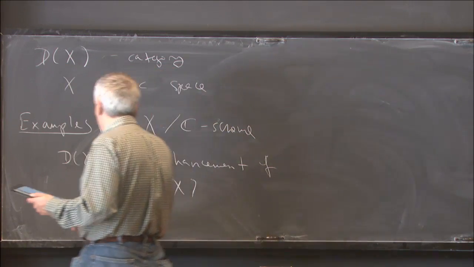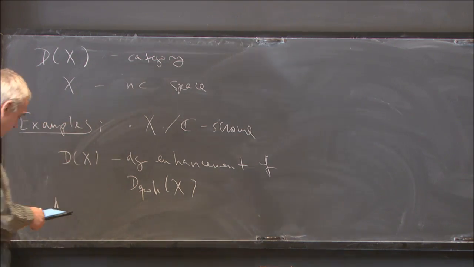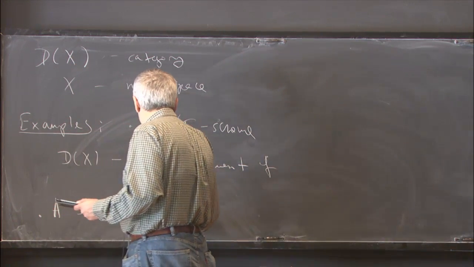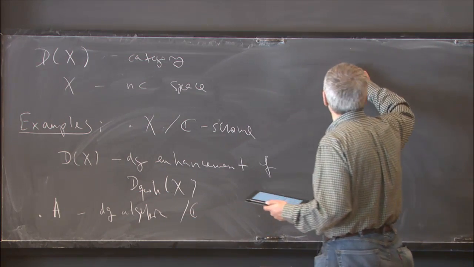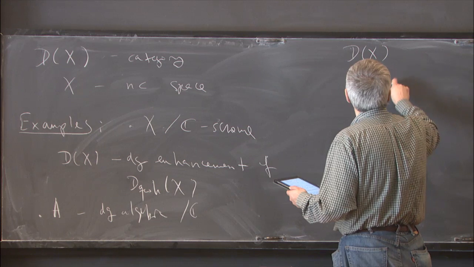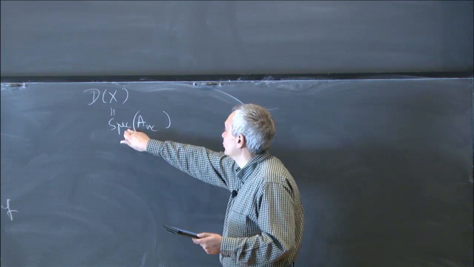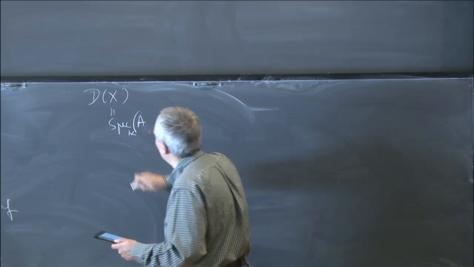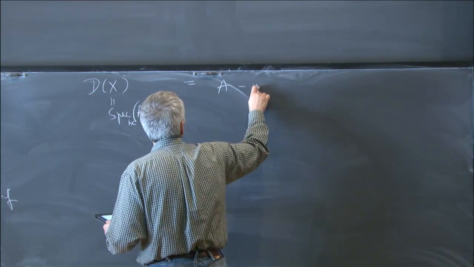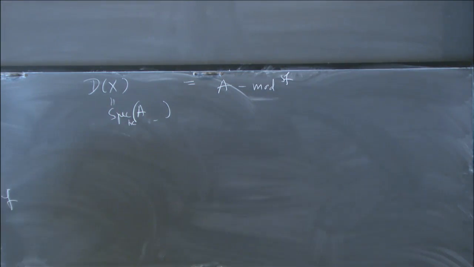And if you have an A-infinity or a DG algebra over the complex numbers, then you take D(X), where X is going to be formally the spectrum of that algebra, I don't know where to write non-commutative, maybe on the spectrum. That will be the category of semi-free modules over that algebra.